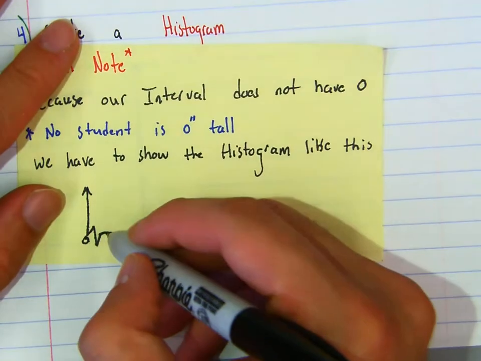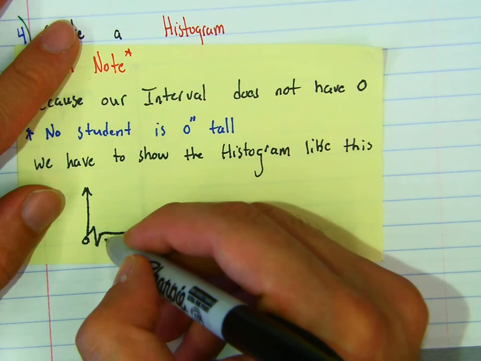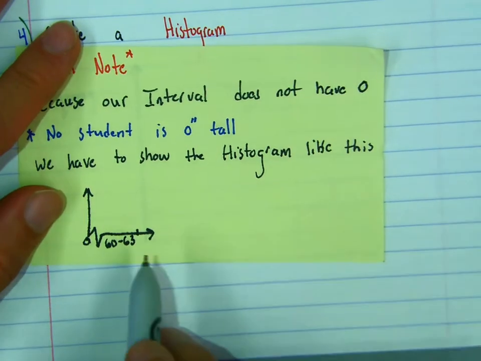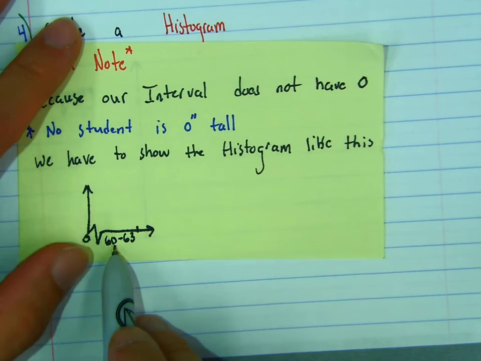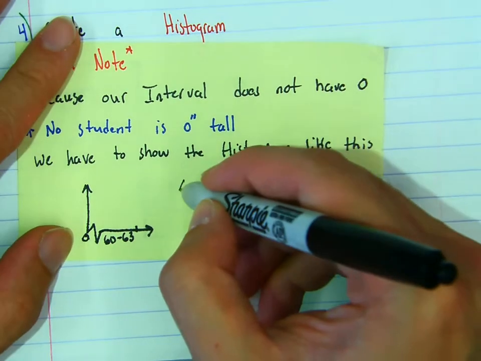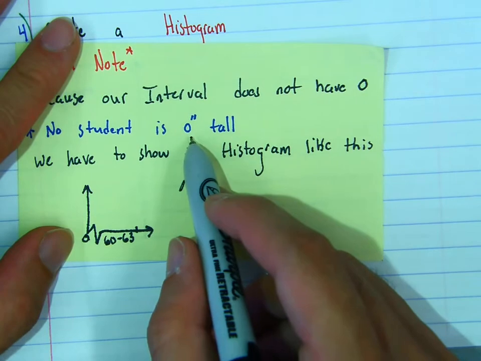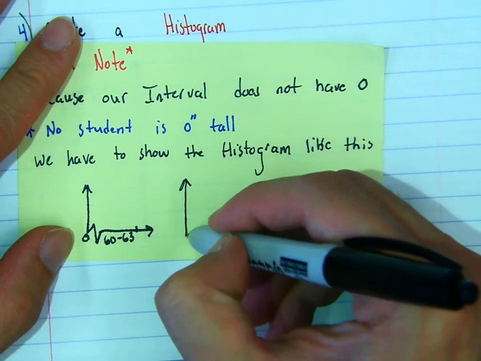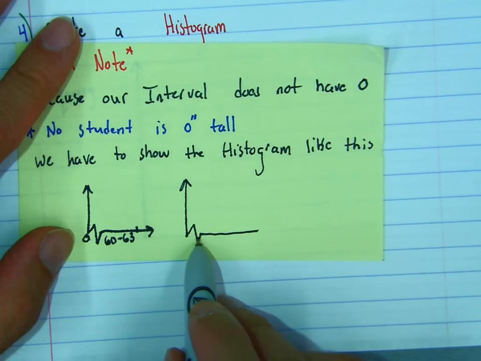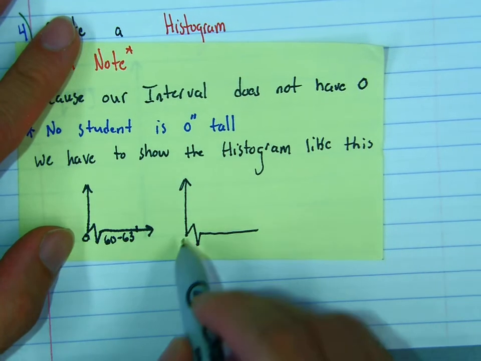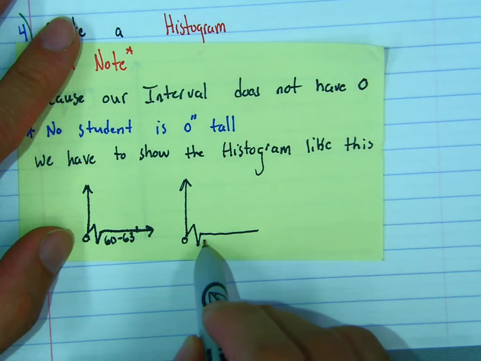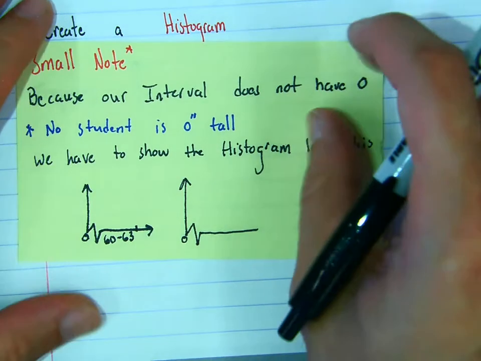So you show this gap, and 60 to 63 is the first part of my interval. You're not going to put the 60 at the intersection. If I don't have 0 as a data value, you're going to show the histogram like this. You're telling the reader, or yourself, there are no data values between 0 and your first interval. So that's what we need to show with the histogram.